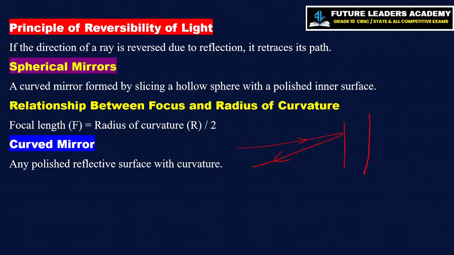That is the reversibility of light. But this does not happen on the same path here. When does it happen? When the mirrors are curved. When light is passed from the curvature, light will come back along the same path. It is retraced on the same path.